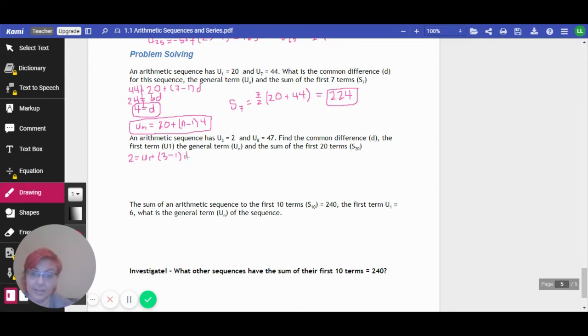I know that 3 minus 1 is 2, so I'm going to subtract 2d from both sides. So 2 minus 2d is equal to u1.